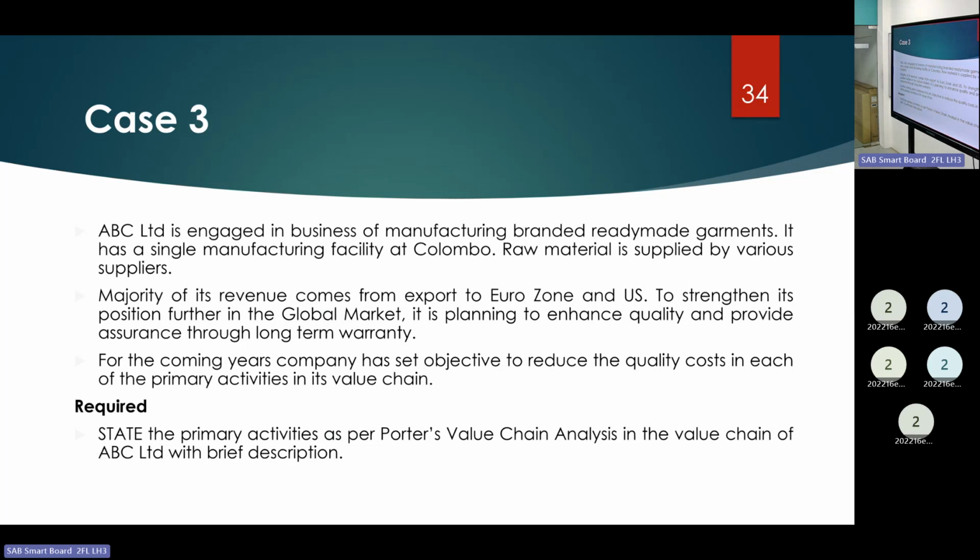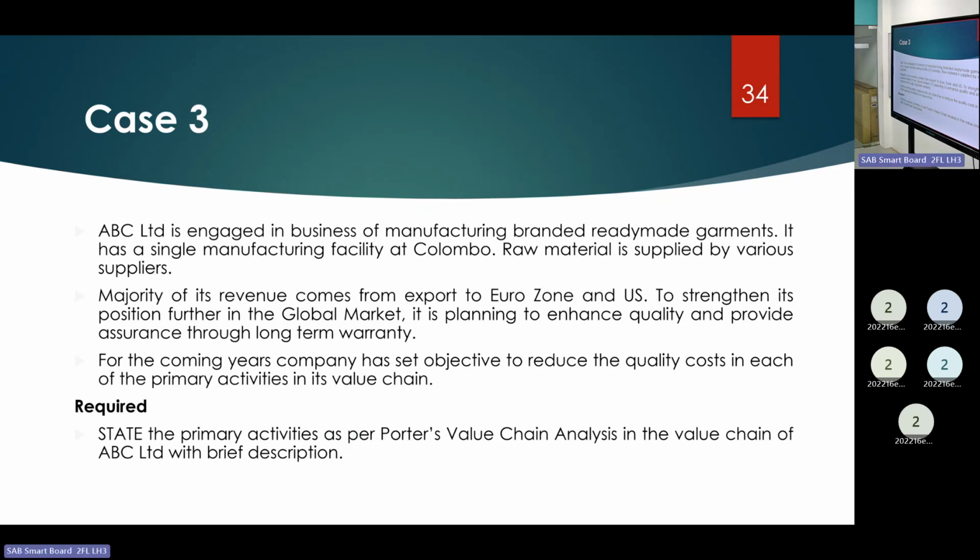So ABC is engaged in the business of manufacturing branded ready-made garments. It has a single manufacturing facility at Colombo. Raw material is supplied by various suppliers. Majority of revenue comes from the export to Eurozone and US. To strengthen position further in the global market, it is planning to enhance the quality and provide assurance through long-term warranty.